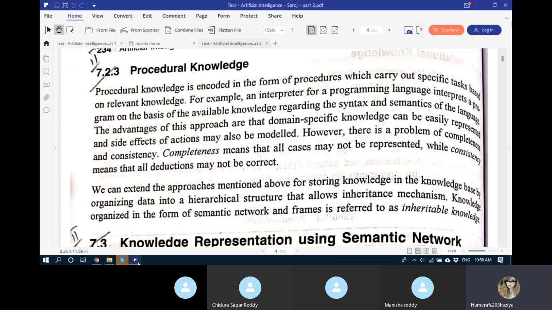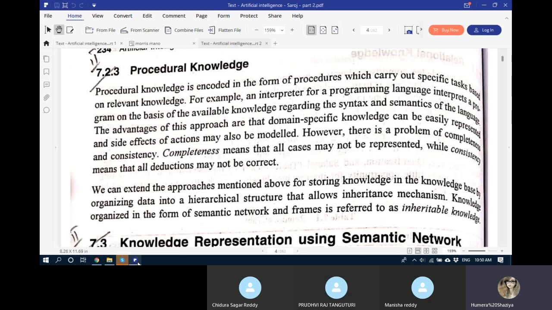If I say vehicles, two wheelers, four wheelers, then in two wheelers, lightweight vehicles, heavyweight vehicles, in four wheelers, small vehicles, large vehicles.